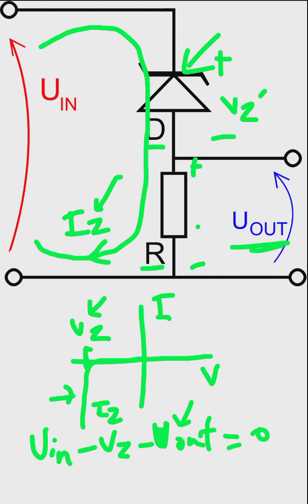And if you know the value of current, that would simply be U in minus VZ divided by the resistor R, that is your total current flowing into the circuit.